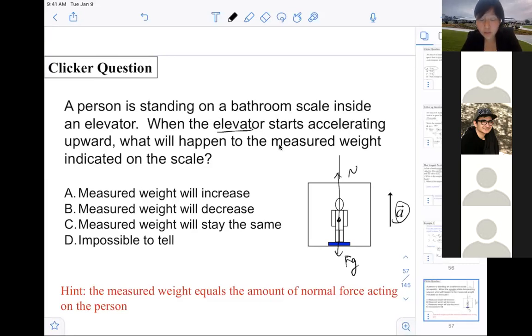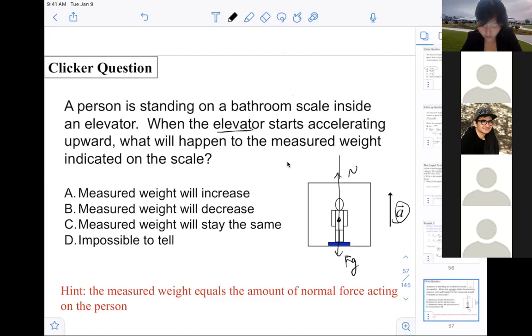Is the normal force bigger or is gravity bigger? Yes, the normal force will be bigger.